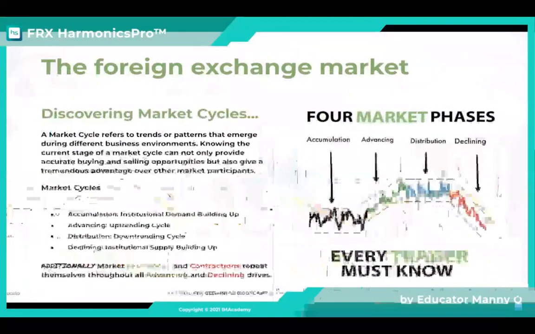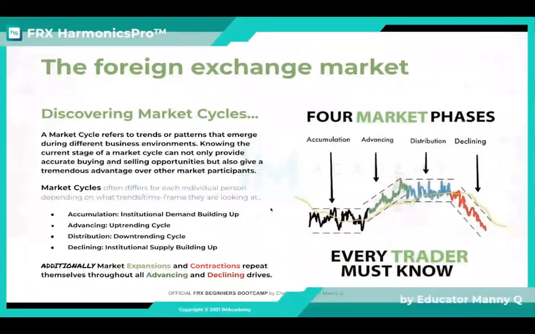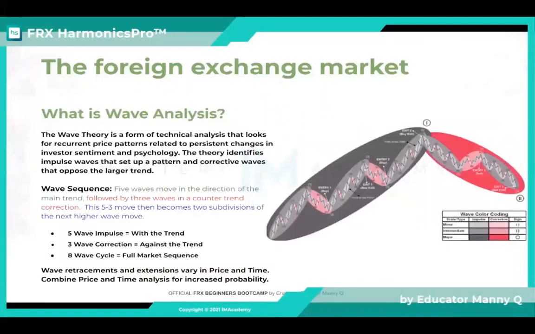All right. Now, moving forward from talking about the 4 market cycles, I now want to start to help you guys understand, well, what is wave analysis? Okay. So wave analysis is another way that traders can also interpret trends inside of the market.